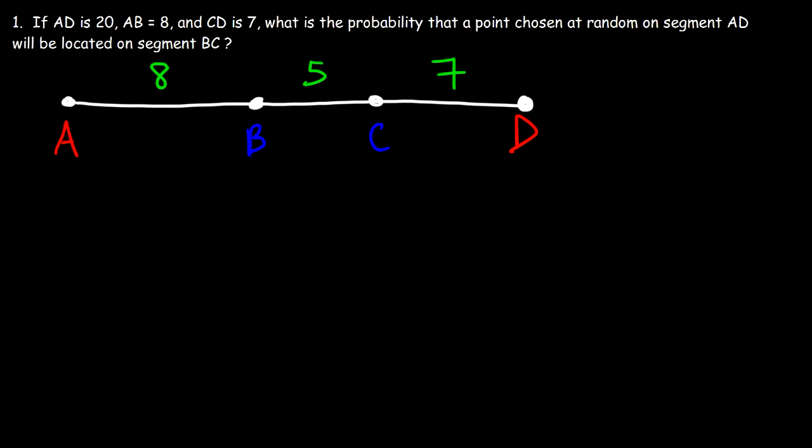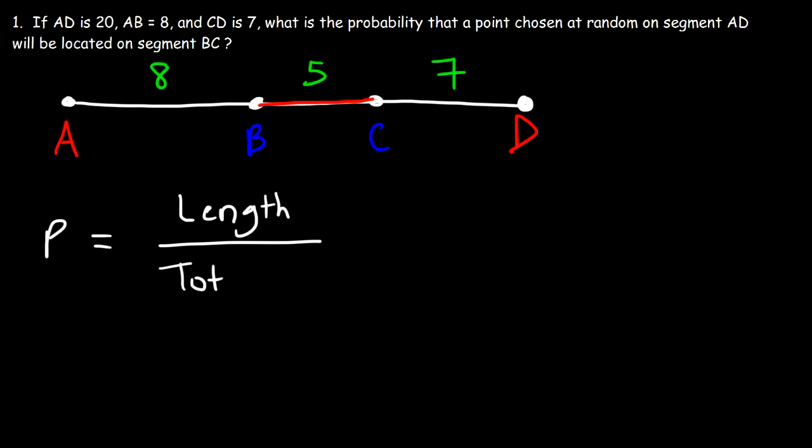Our goal is to find the probability that a point chosen at random on this segment will lie somewhere on segment BC. Now, when calculating probability, the probability is equal to the number of successful events divided by the total possible outcomes. But for lines and segments, the probability will be equal to the length of the successful line, where you want to find the point located on, divided by the total length.